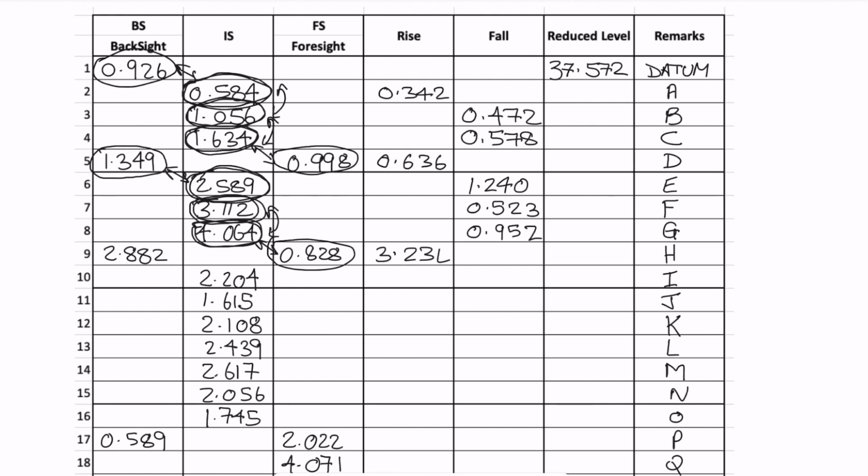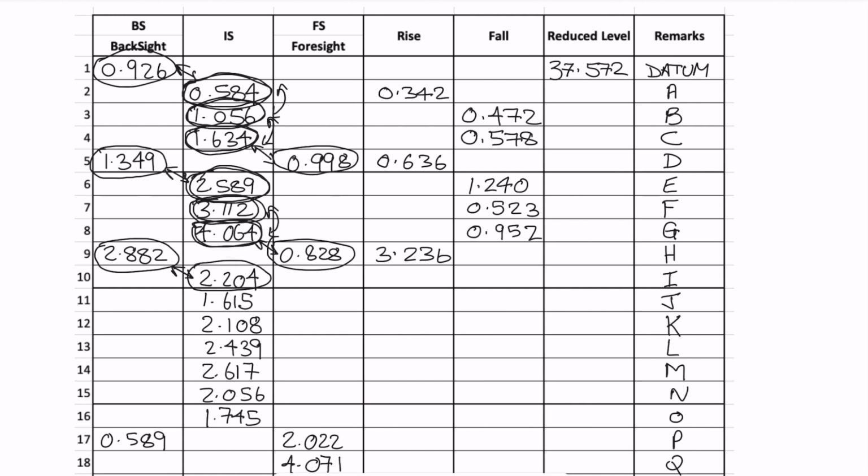Again, a change station has occurred. So we reset our current reading and work out the absolute difference between 2.882 and 2.204. Second reading is smaller than the preceding reading.